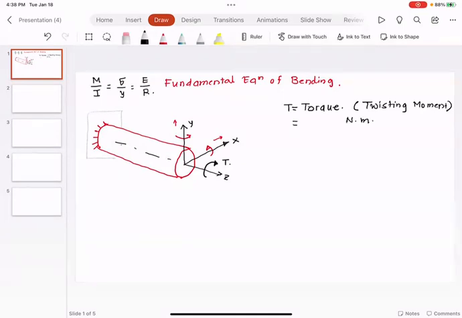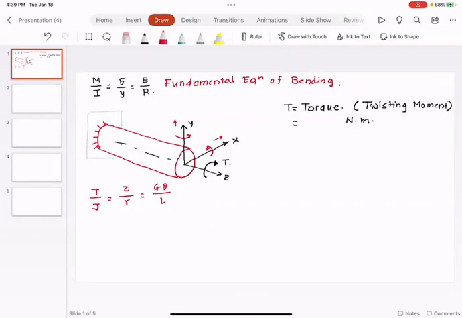If you look at the fundamental equation of torsion, it is T divided by J is equal to tau divided by R is equal to G theta divided by L. This equation in principle looks similar to the fundamental equation of bending. But now try to understand, twisting moment is about the center line, about the axis that is passing through this rod.